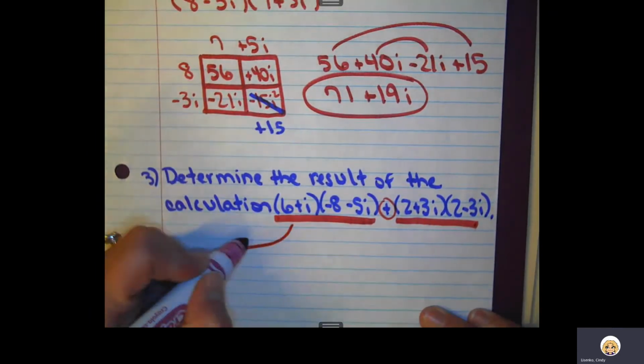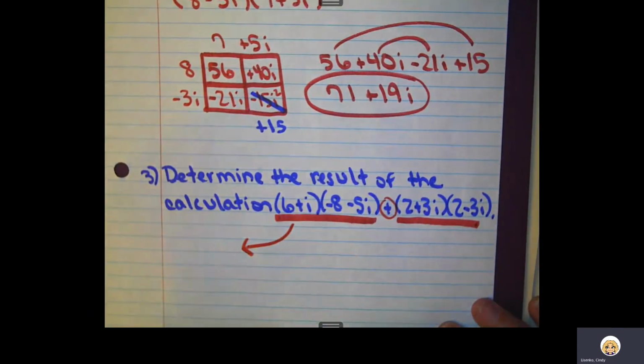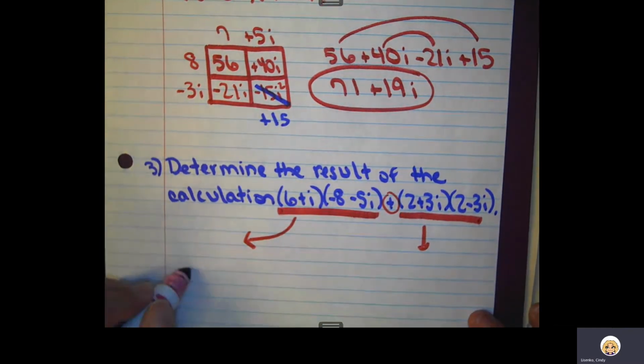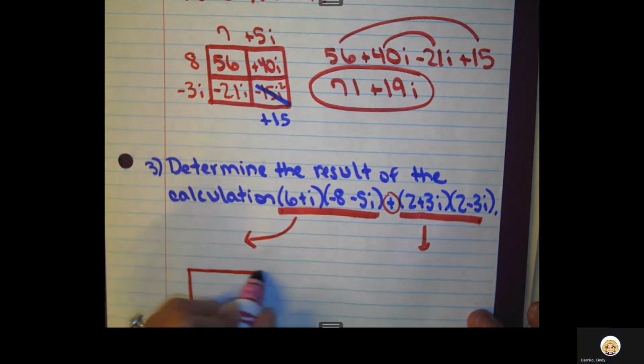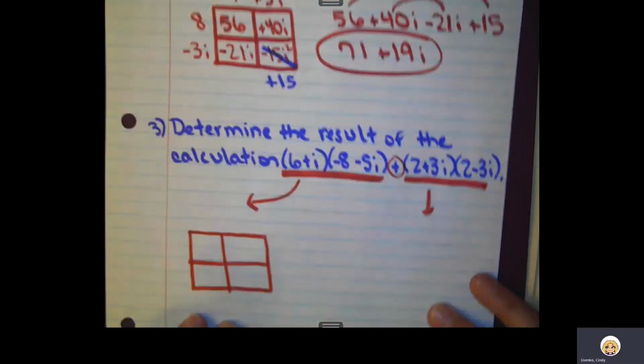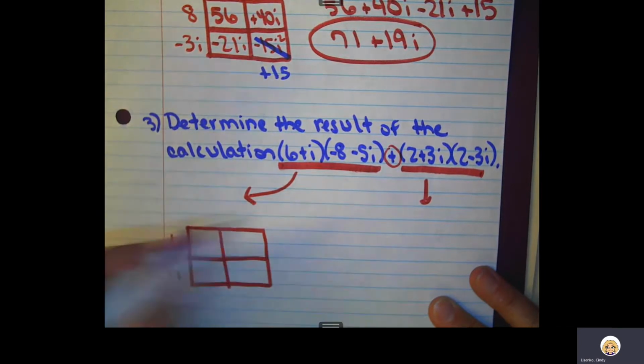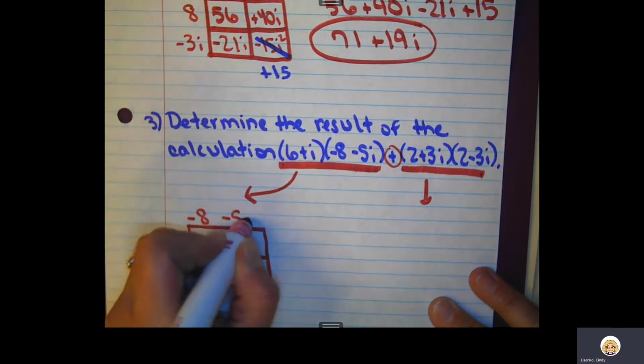So I'm going to do the boxes over here for this one, and I'll do the boxes over here for that. So to multiply these, I have 2 by 2 boxes. I put my terms on the outside, so 6 plus i on the side, and -8 minus 5i on the top.